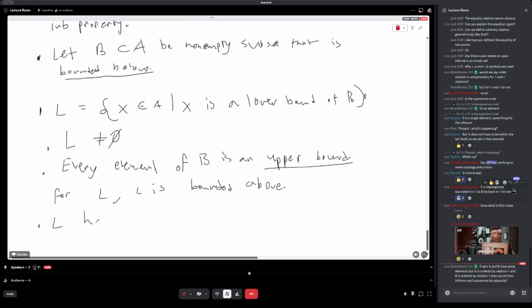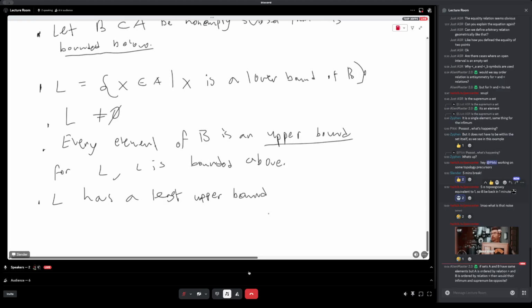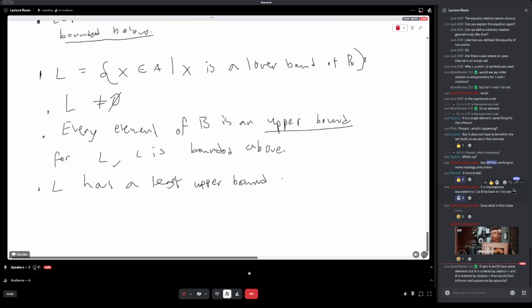Let's call it alpha. It has a least upper bound in A. Now, since alpha is an upper bound of L, it means that alpha is greater than all elements in L.